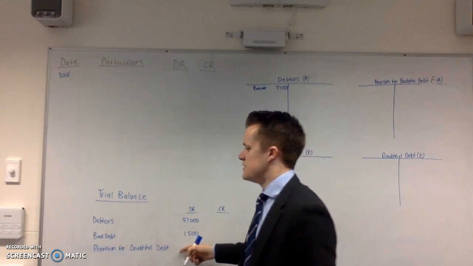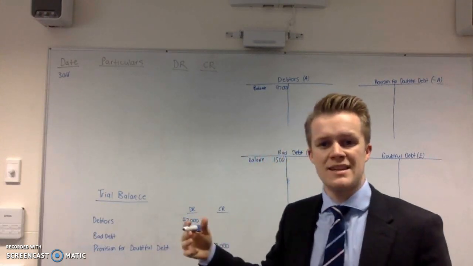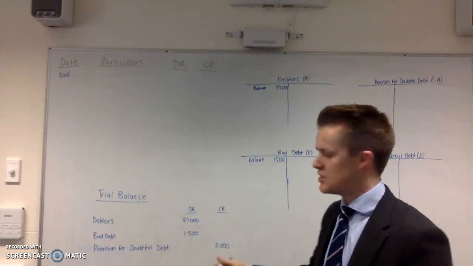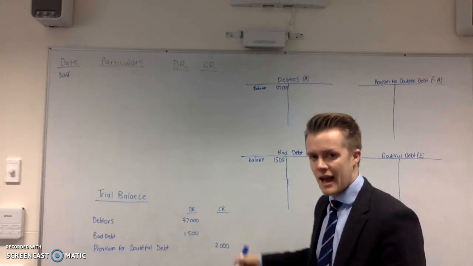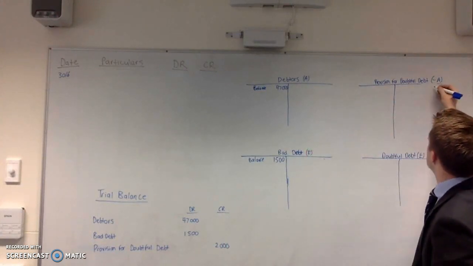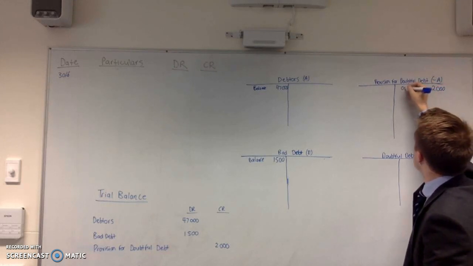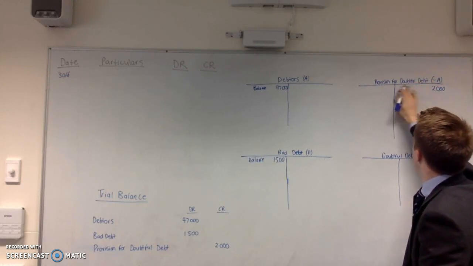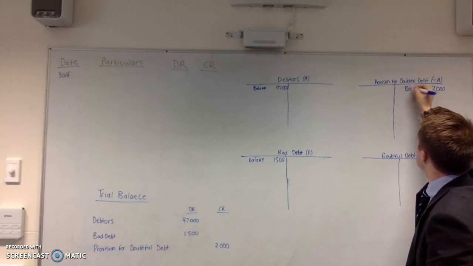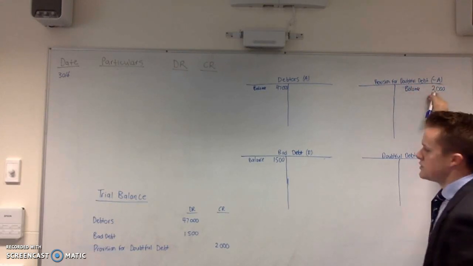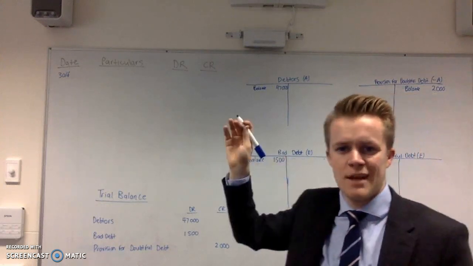Then we go to provision for doubtful debt. Now we know PFDD is a negative asset, so that should have a credit side balance, and it does, for $2,000. So balance, $2,000. Okay, first step done.